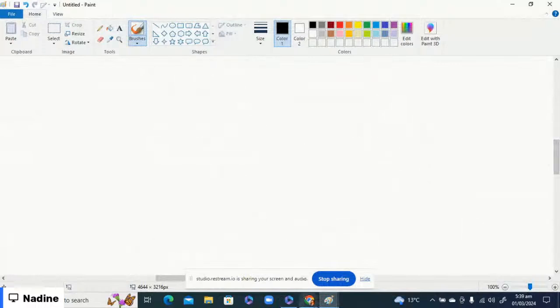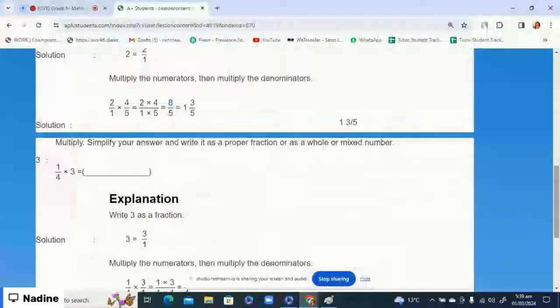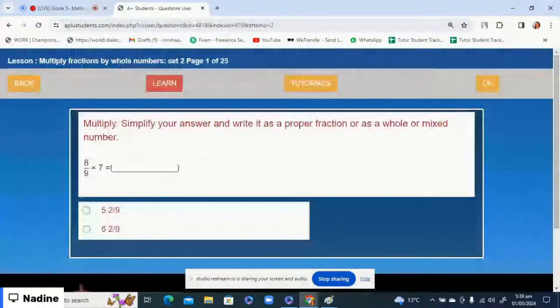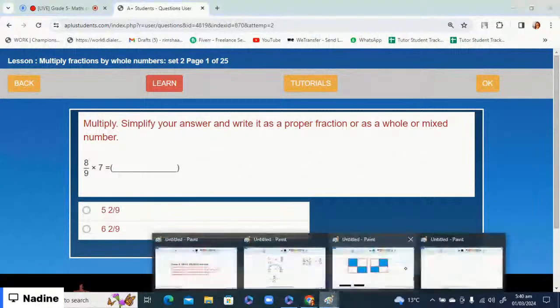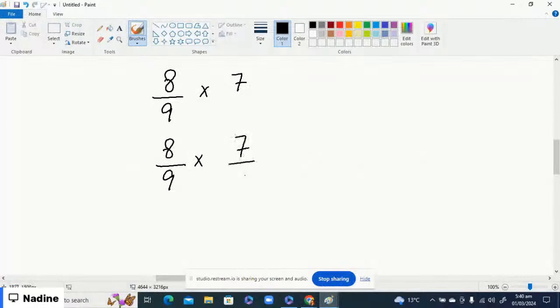Let's do the next. Let's do some questions from the test. So 8 by 9 times 7. Let's solve this question. 7 can be changed into 7 over 1.